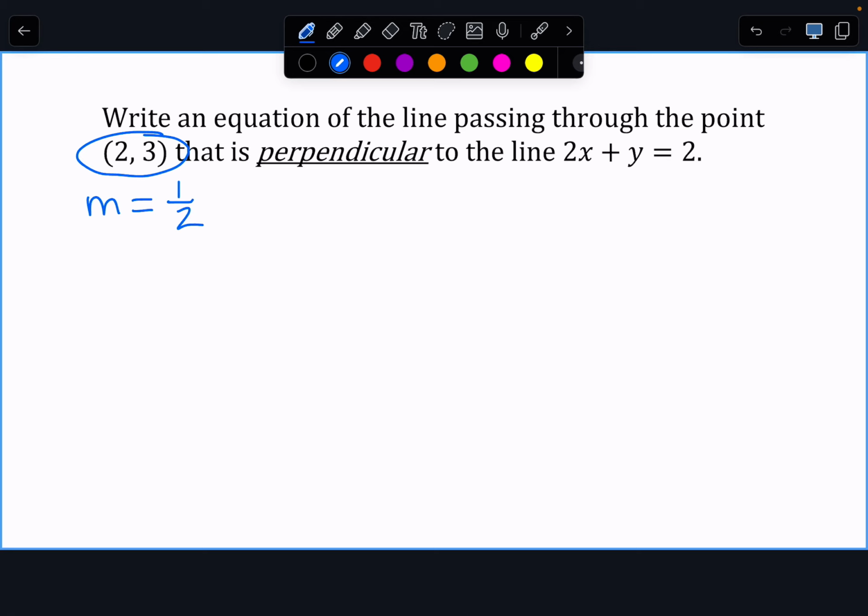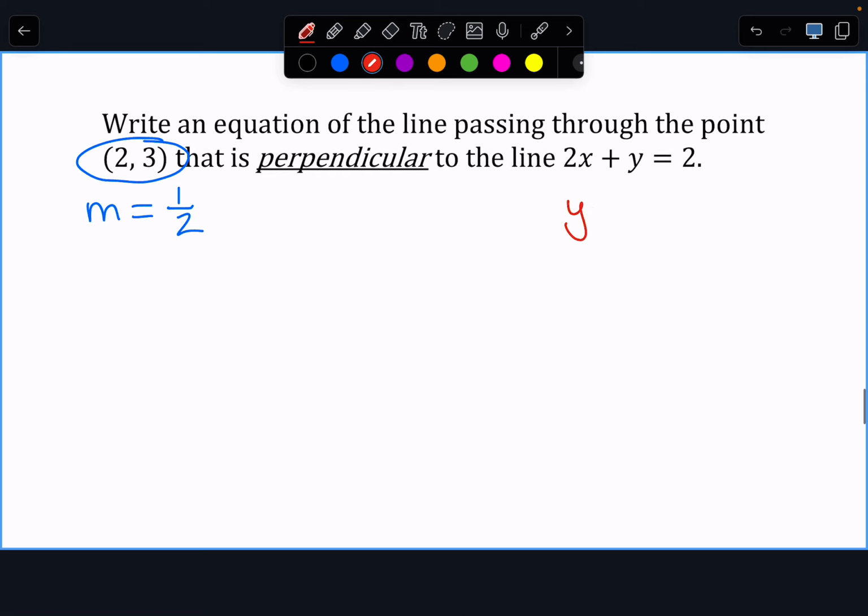I don't see a 1/2 in that equation. Okay, so Augie, what's the first thing you did with this equation to help you? I subtracted 2x to the other side. Okay, so Augie said he subtracted 2x over here.